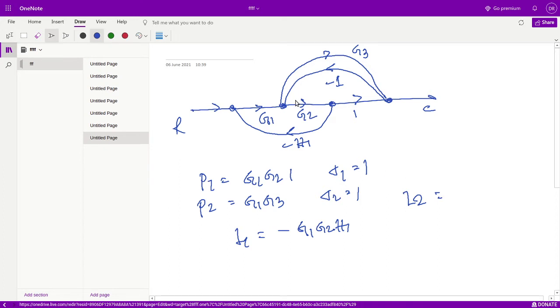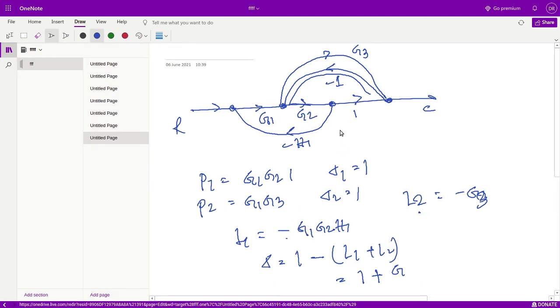L2 is basically this feedback, so minus G3, because G3 into minus 1 is minus G3. So there are no non-touching loops. So now what is the value of delta? Delta equals 1 minus the sum of L1 plus L2.